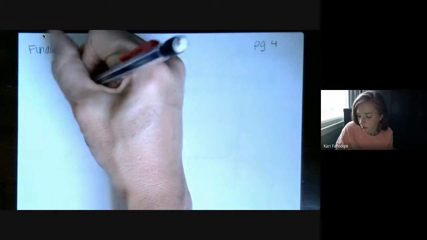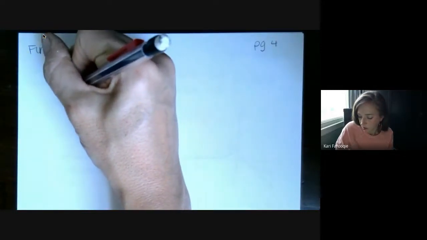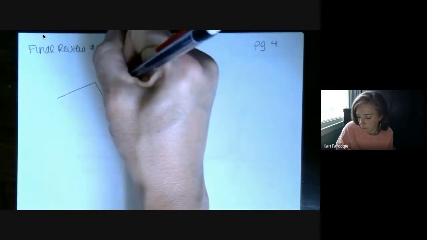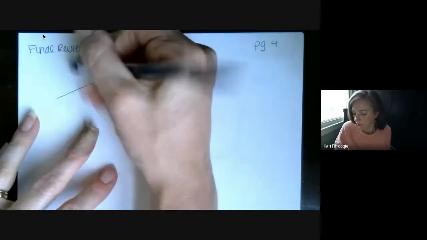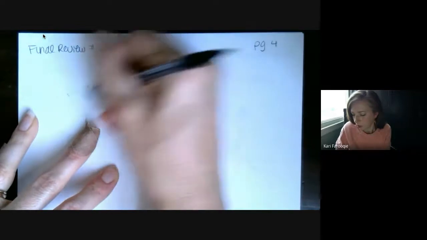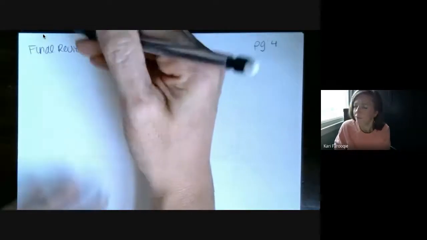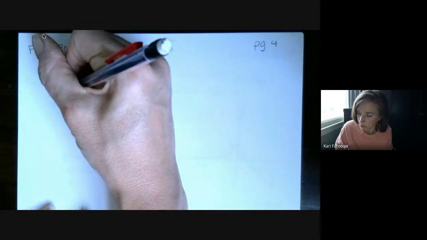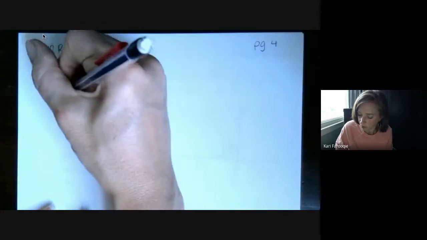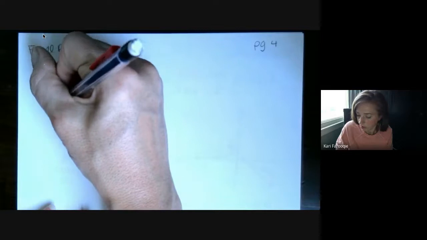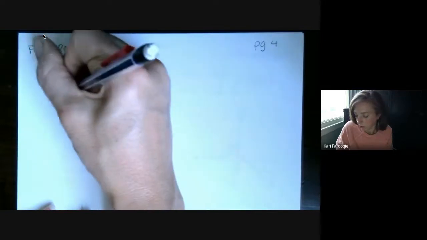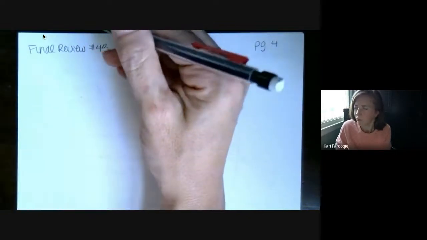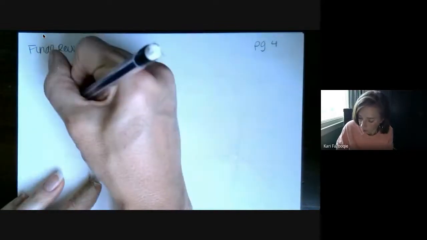Let's try to make this look halfway decent here. This is gonna look terrible. So I could have left it like that. Why can't I draw a cube today? Okay.